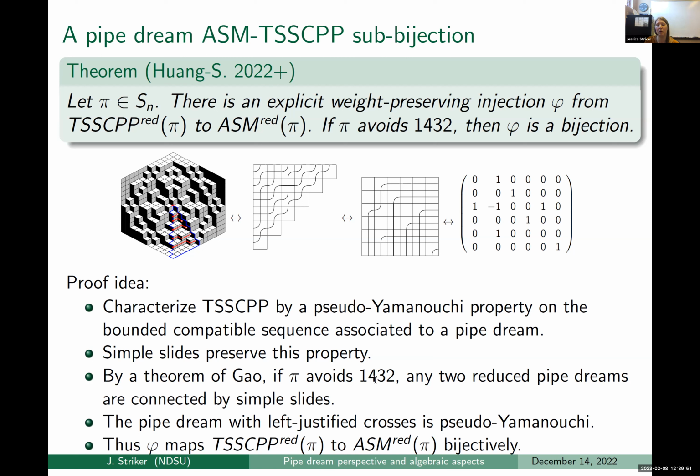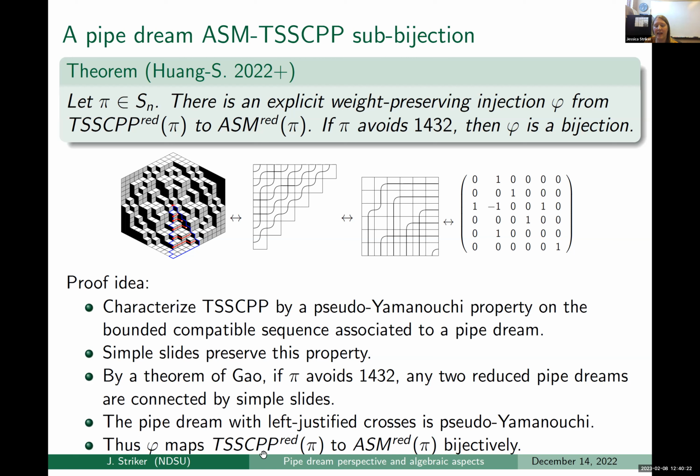Then if your permutation avoids 1, 4, 3, 2, by a theorem of Gao, any 2 reduced pipe dreams are connected by these simple slides. And the pipe dream with all the crosses left justified, called the bottom pipe dream, is pseudo-Yamanouchi. So that means all of the other pipe dreams you can get to by those simple slides are also pseudo-Yamanouchi.